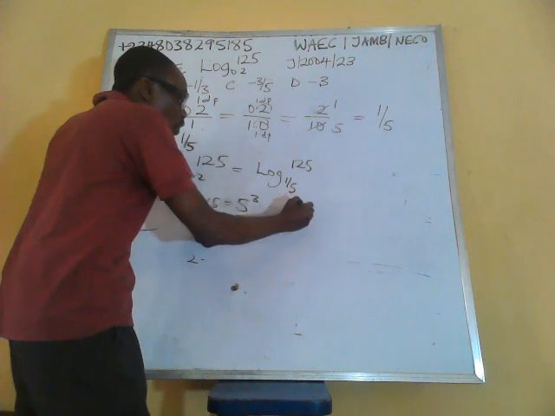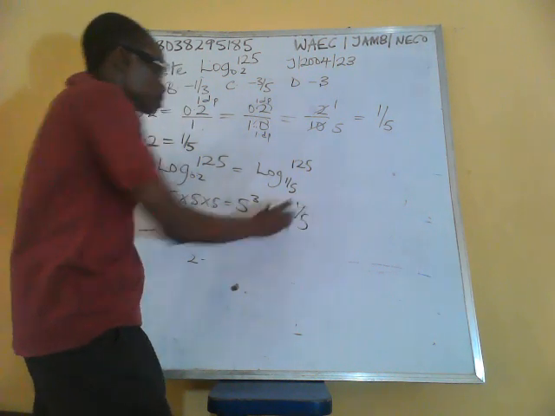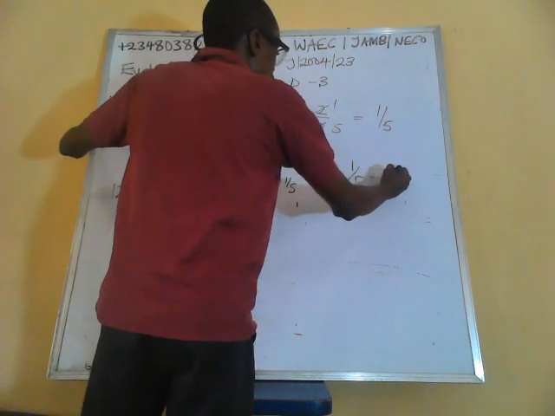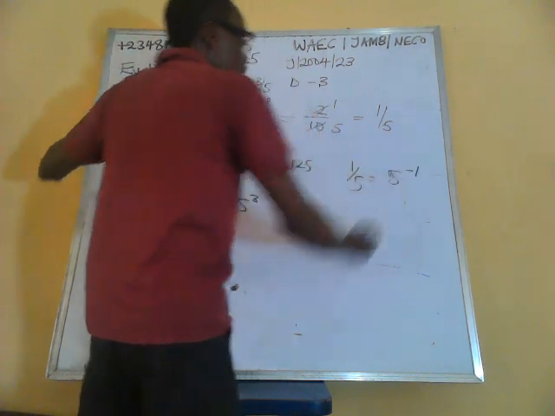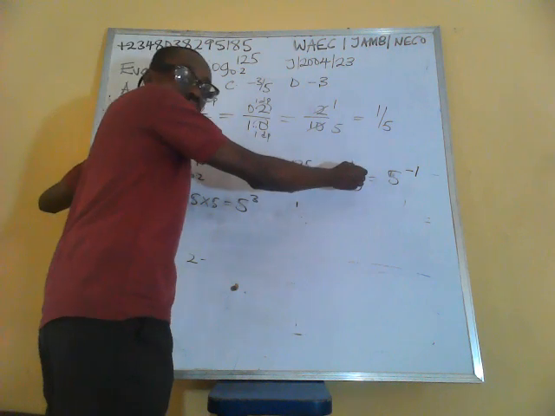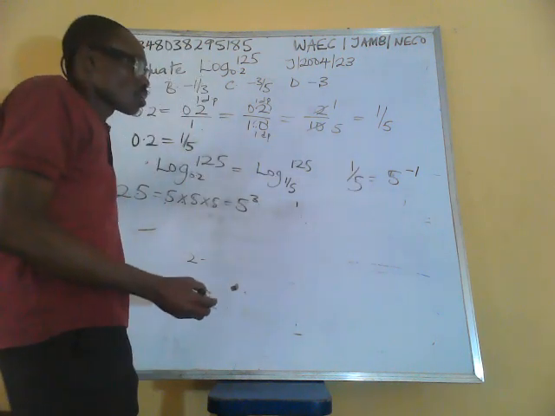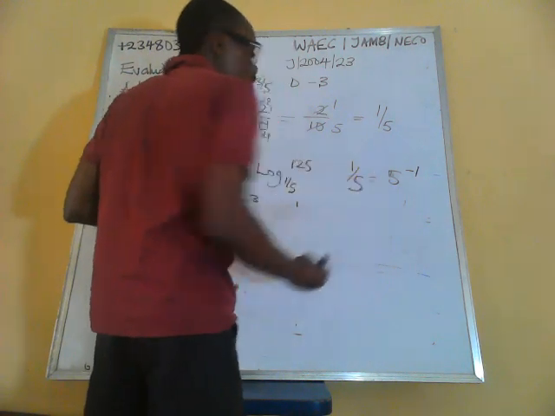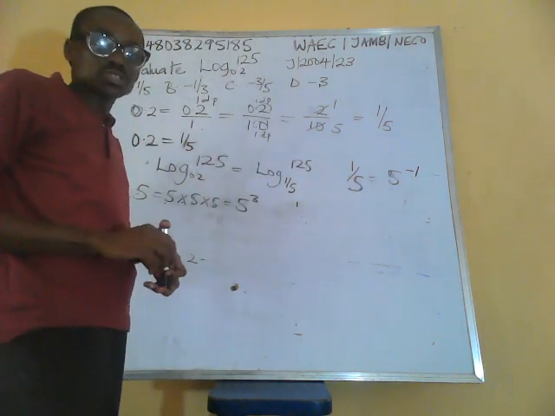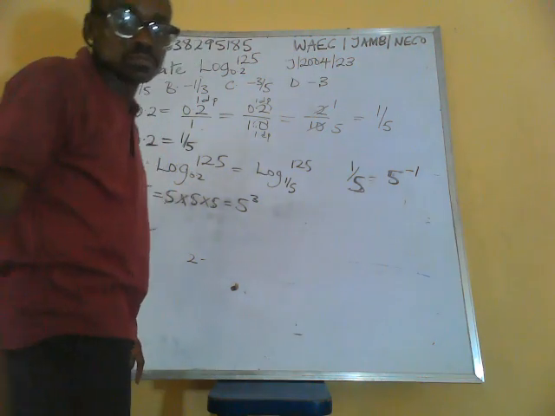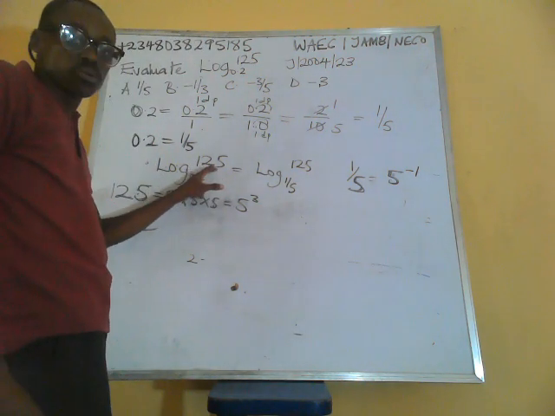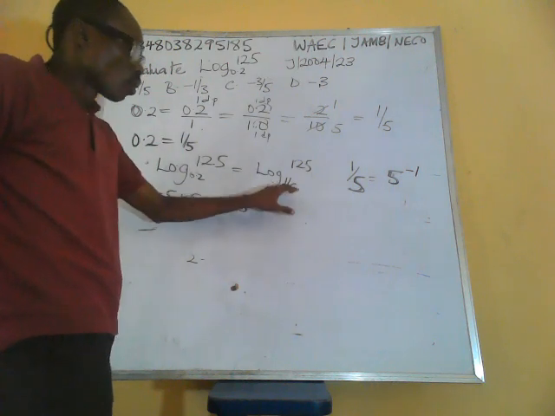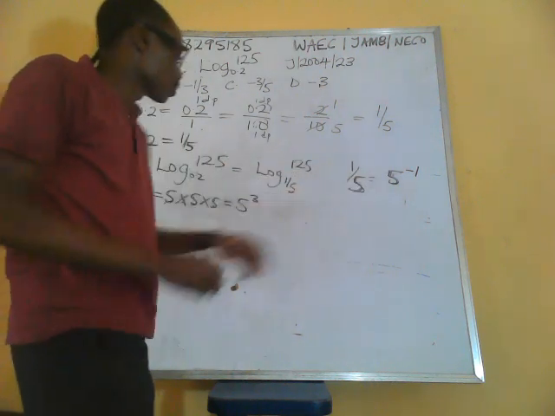While 1 over 5 is the same thing as 5 raised to power minus 1. This is from the reciprocal rule in indices. So we are going to replace 125 with 5 raised to power 3 and 1 over 5 with 5 raised to power minus 1.